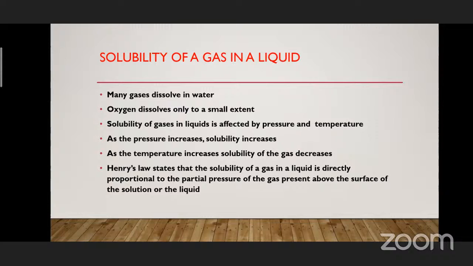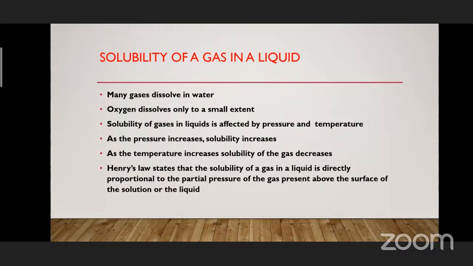And another problem you might have seen: during the summer, what happens? The small ponds and lakes will be drying up, and the aquatic organisms will be dying. What is the reason? During summer, the temperatures are high. When the temperature is high, the amount of oxygen dissolved in the water becomes less.